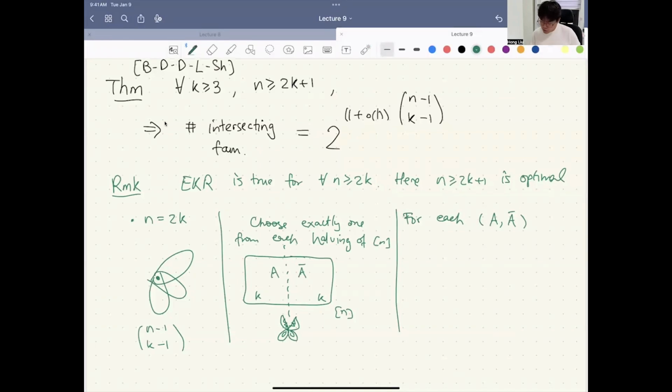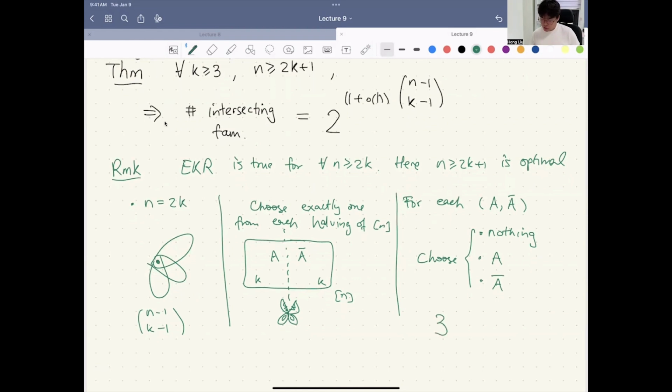We either choose nothing, we don't choose any one of them, or we choose one of them, or we choose the other one. You have three choices for every such pair. How many pairs?